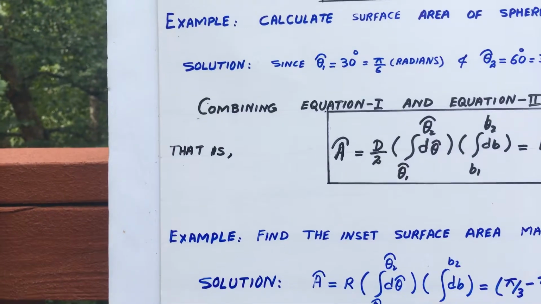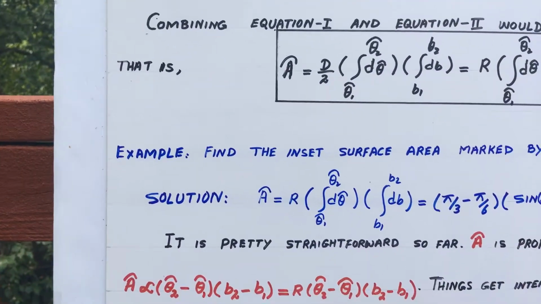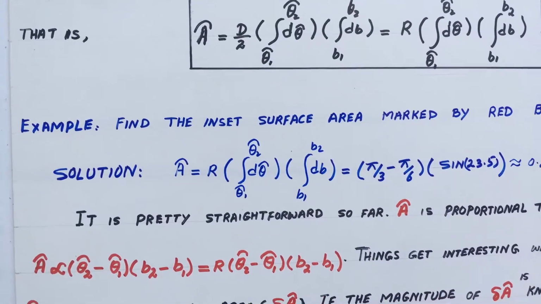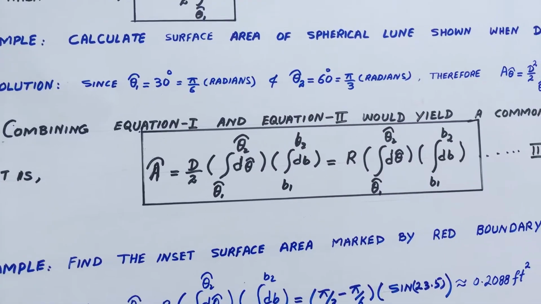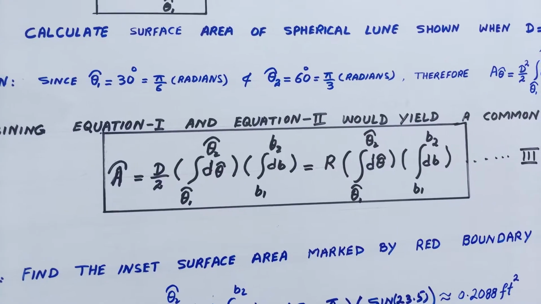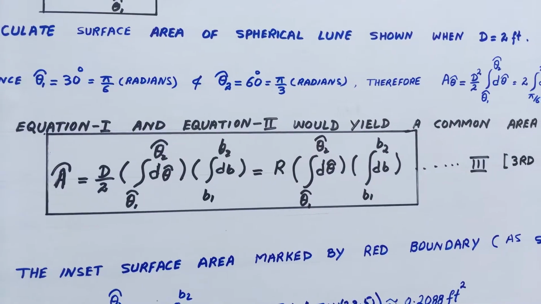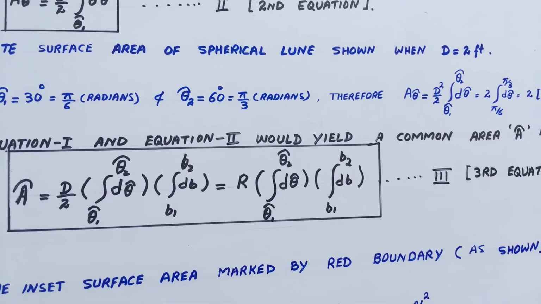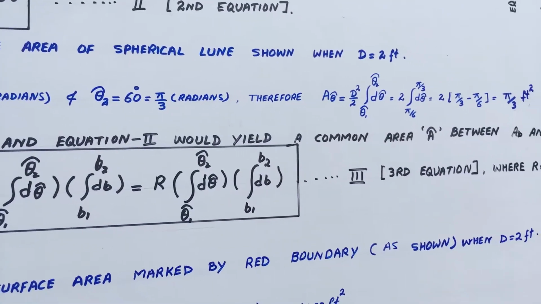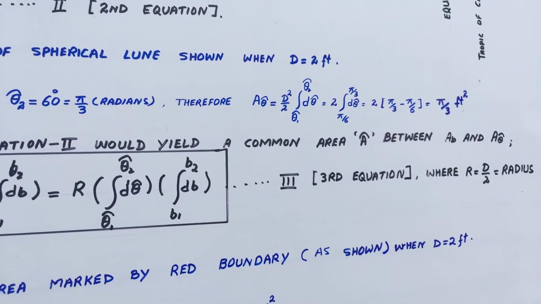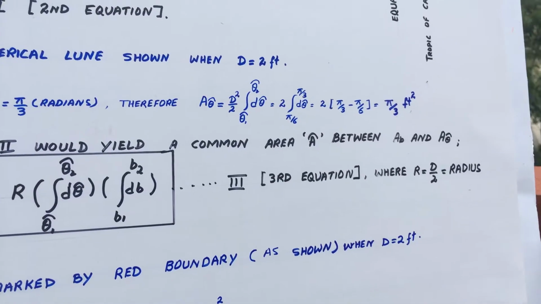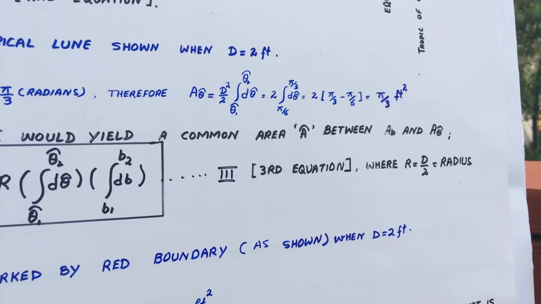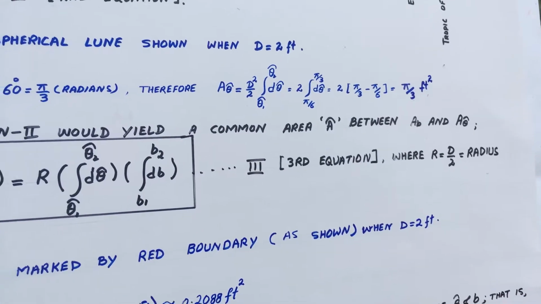So the upper limit is 60 degree. θ₁ is 30 degree, which is pi by 6 radian, and θ₂ is 60 degree, which is pi by 3 radian. Therefore the solution A(θ̂) becomes pi by 3 foot square.